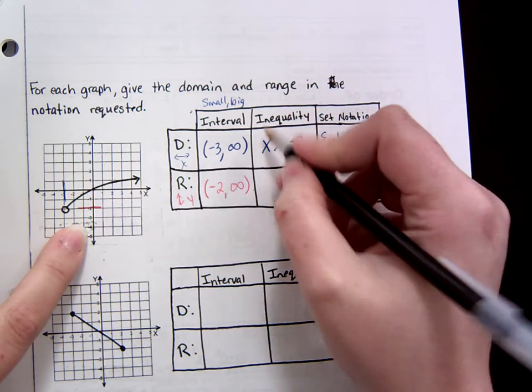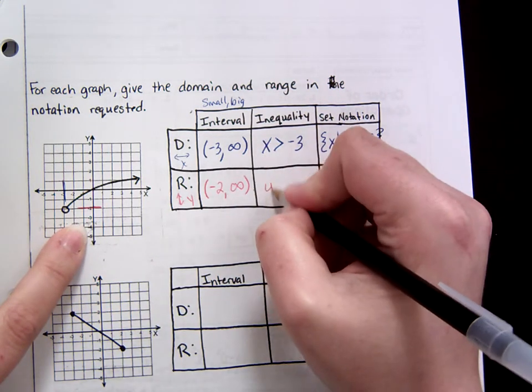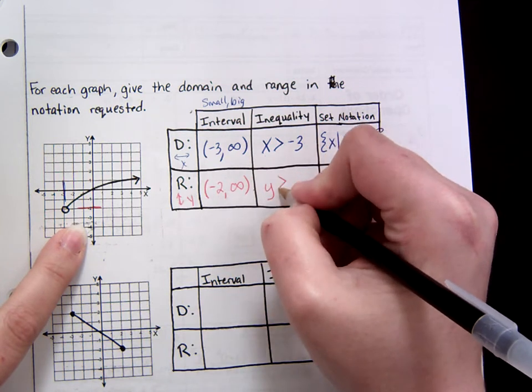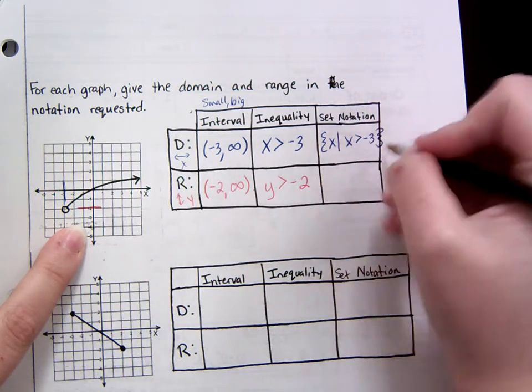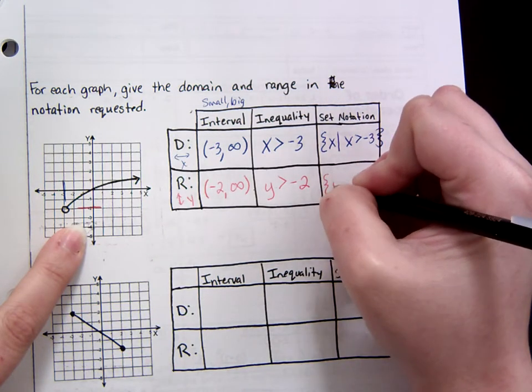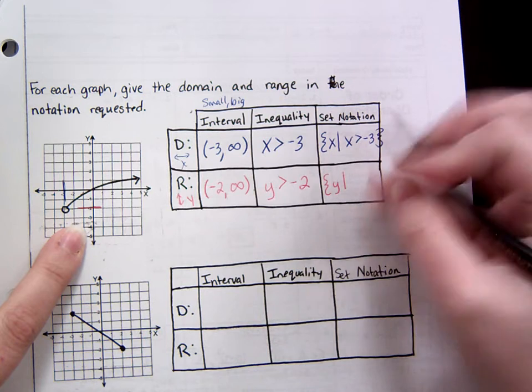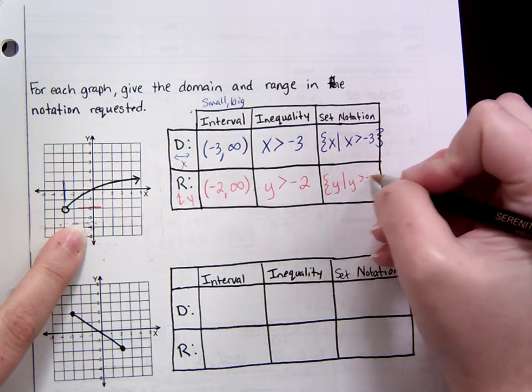So this means in the inequality form, all my y values are greater than negative 2, because it's above it. And for the set, it's the set of y values such that y is greater than negative 2.